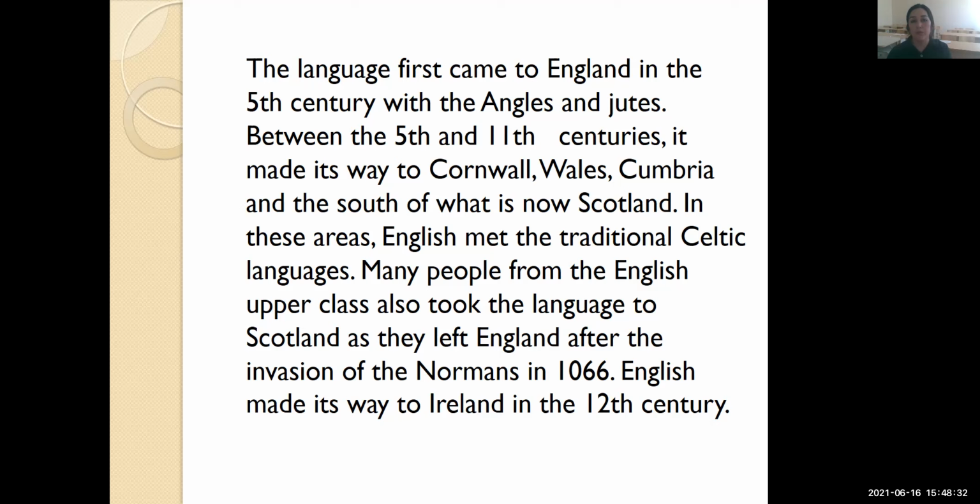They had lots of inflections. The structure of the English language was like the grammar of the Russian language now, or the structure of the German language now. But after the Norman conquest, it started to change.